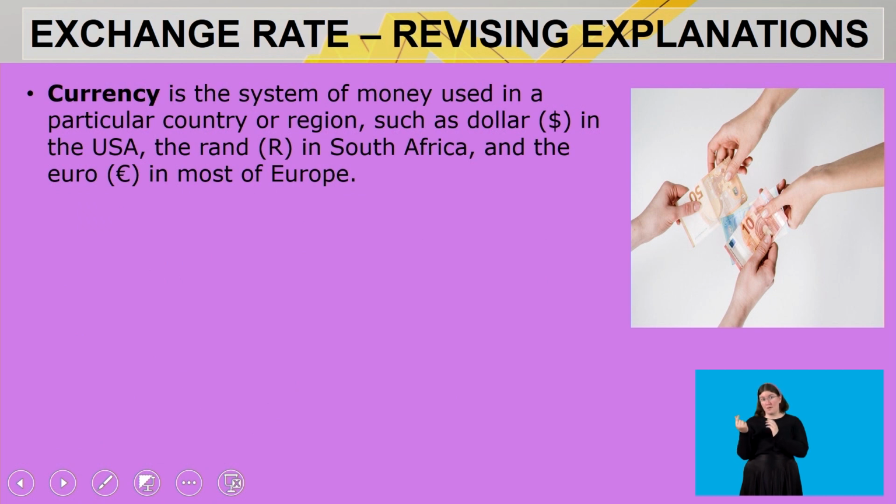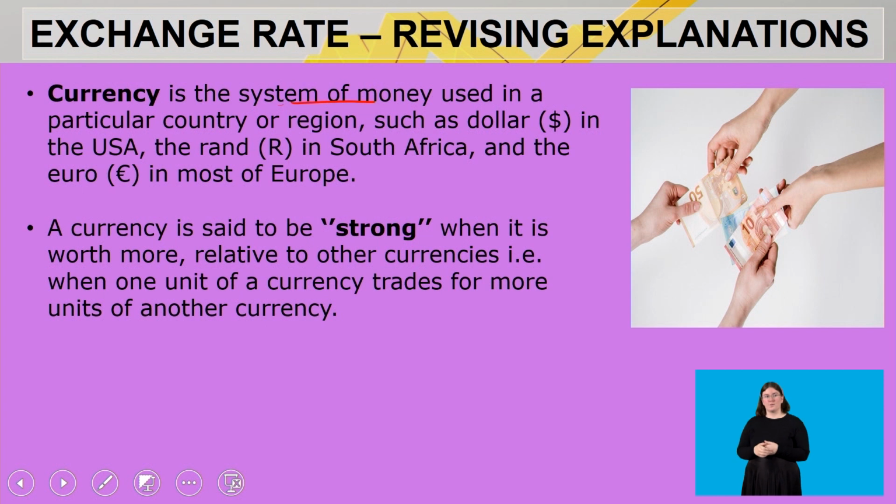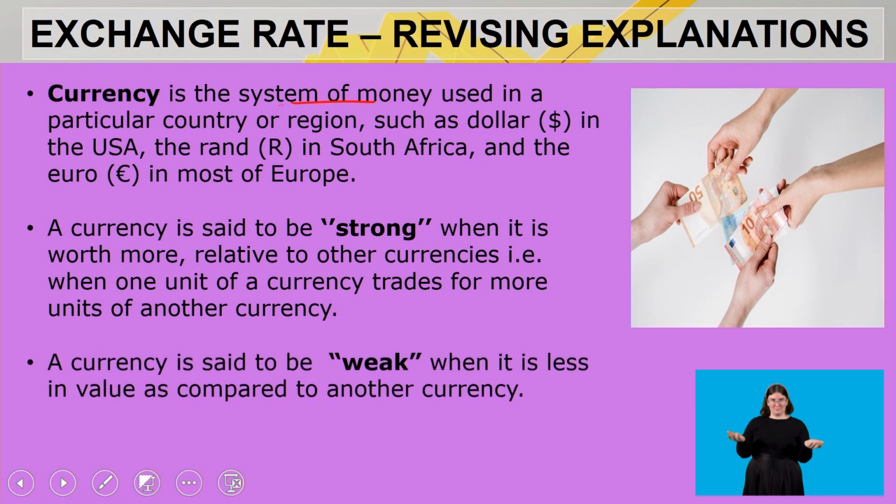Then what else is important? A currency is the system of money used in a particular country or region, such as the dollar in the USA, Rand in South Africa, or the euro in most of Europe. A currency is said to be strong when it is worth more relative to other currencies, for example, when one unit of a currency trades for more units of another currency. A currency is said to be weak when it is less in value as compared to another currency.